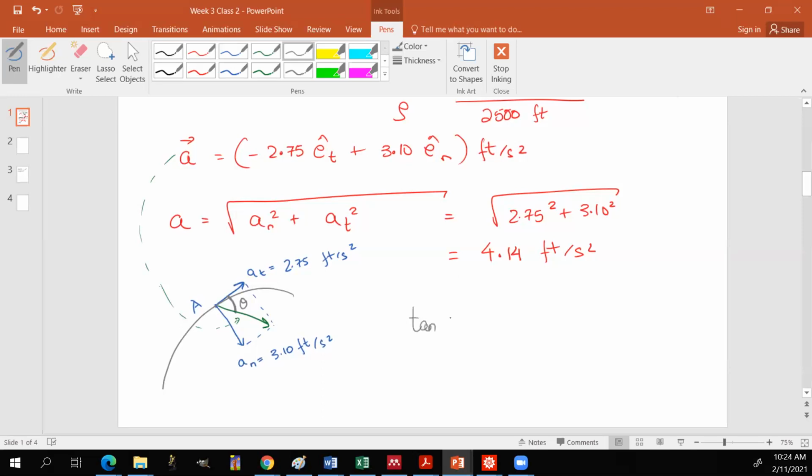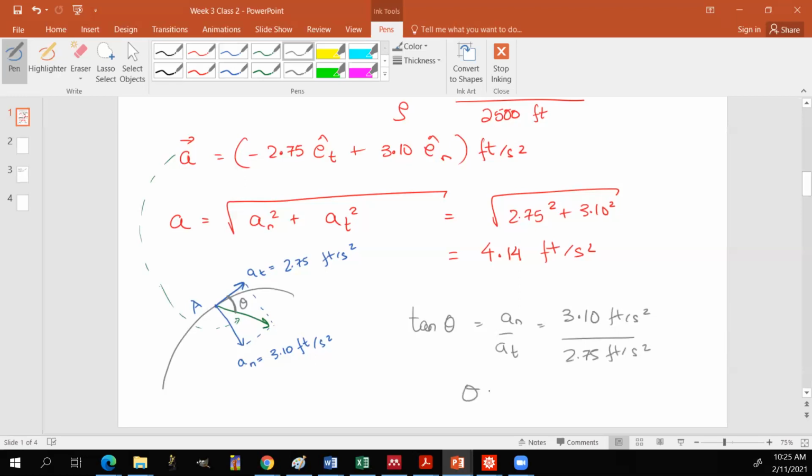Tan theta is opposite over adjacent, so that is a_n over a_t. That's equal to 3.10 feet per second squared divided by 2.75 feet per second squared.